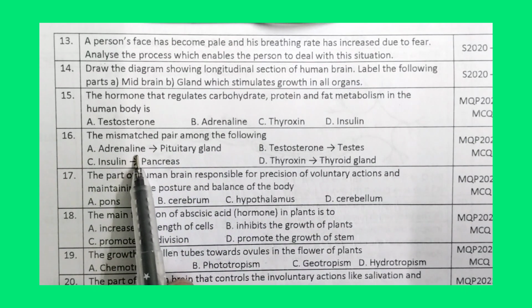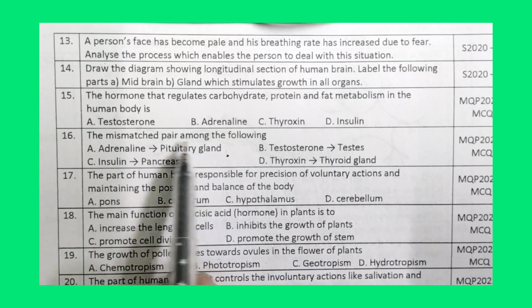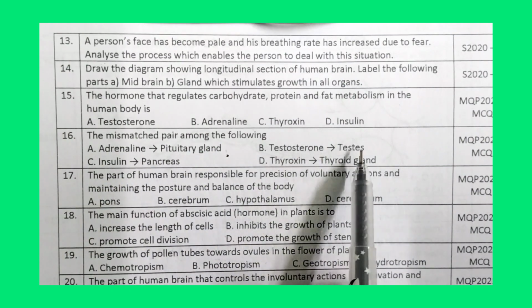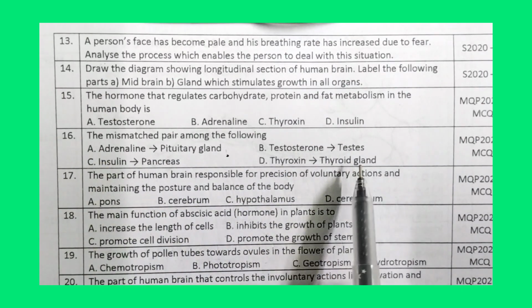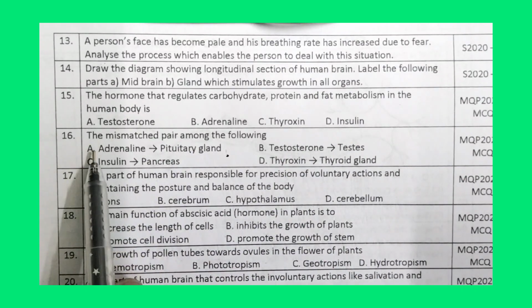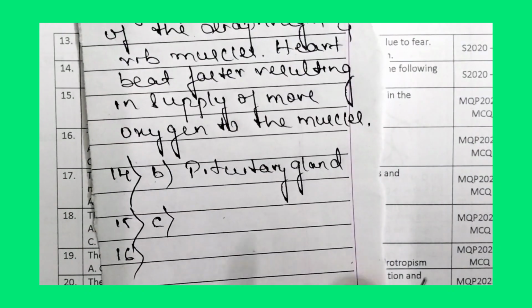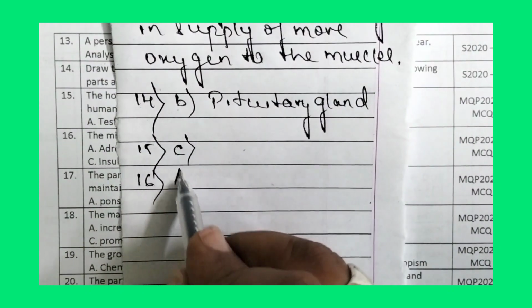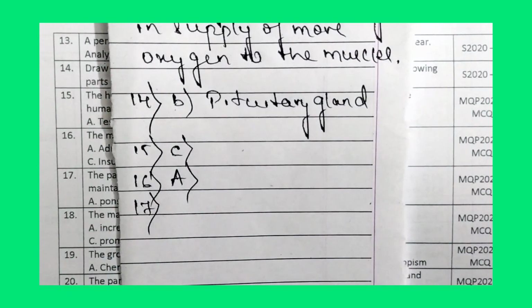Adrenaline should have been paired with adrenal gland, so this is the mismatch. Testis secretes testosterone, pancreas secretes insulin, thyroid gland secretes thyroxine, pituitary growth hormone should have come, but adrenaline is given. So for 16th question the right answer is option A.